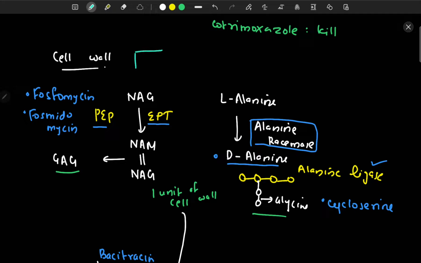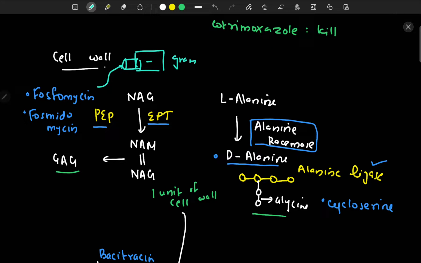Suppose this is a gram negative organism. This glucose 6-phosphate transporter is present in the gram negative organism. So this drug will enter the bacterial cell of the gram-negative organism.